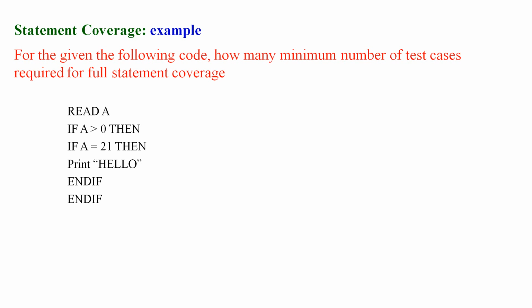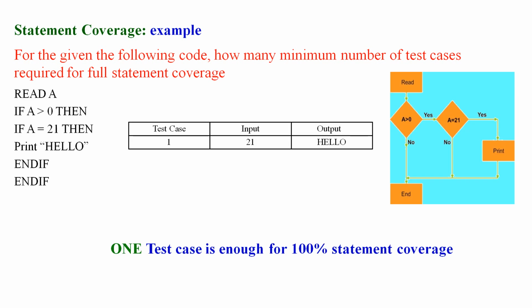Now, this is a flow chart, which I have drawn for your better understanding. This is the first statement, read A. If A is greater than 0, then if A is equal to 21, then print hello, end.